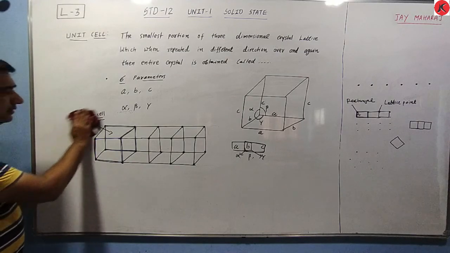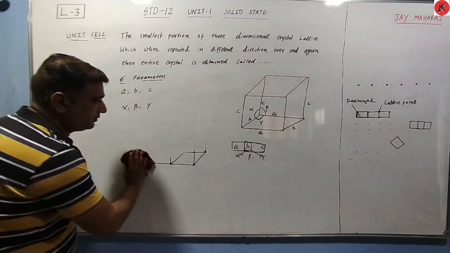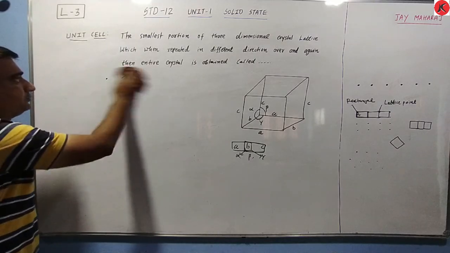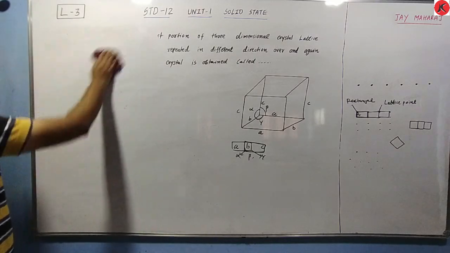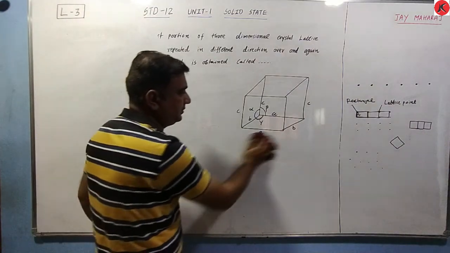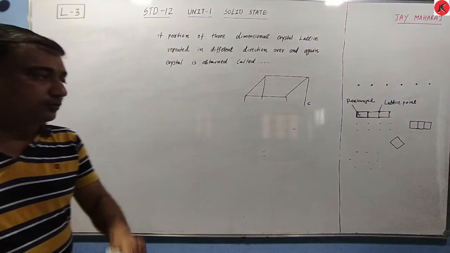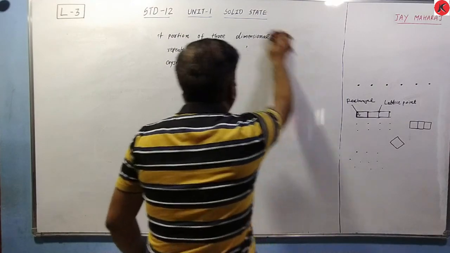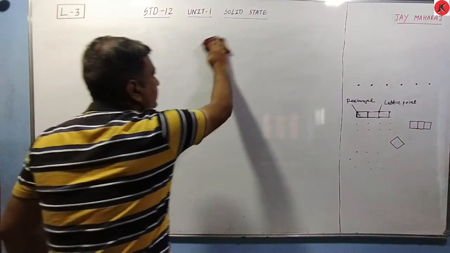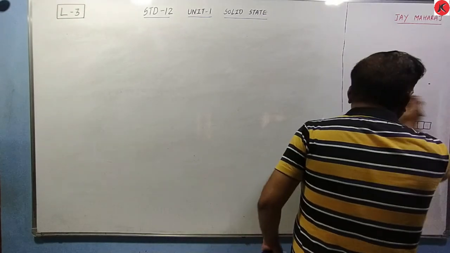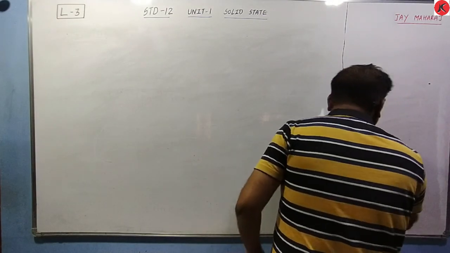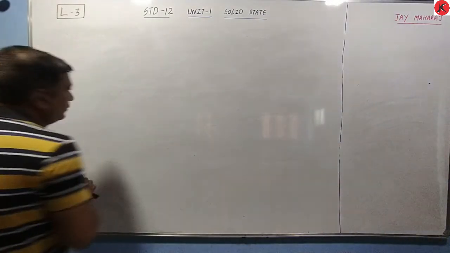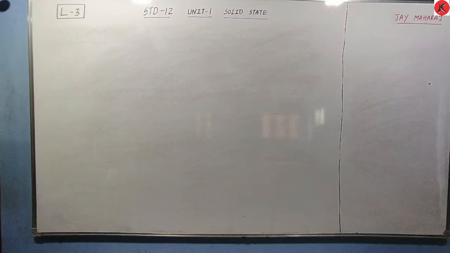So types of unit cell: any unit cell in 3 dimensions can be classified into 2 categories, primitive unit cell and centered unit cell.